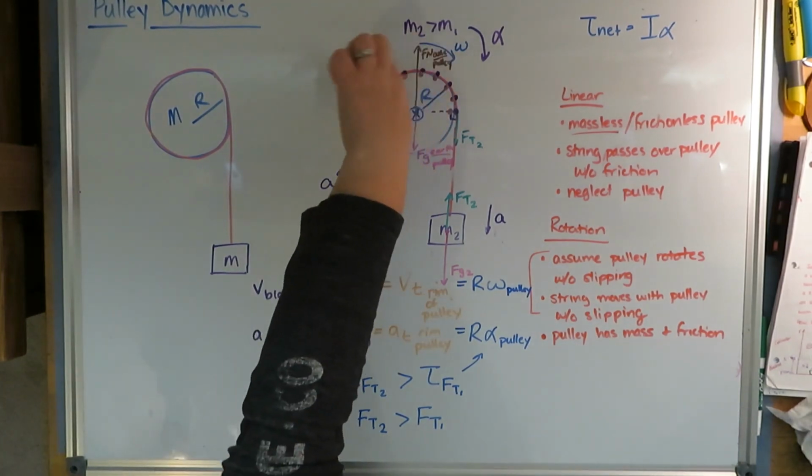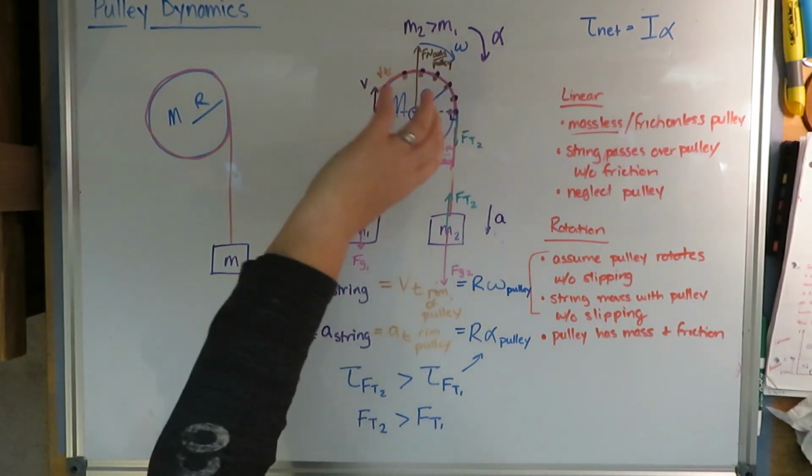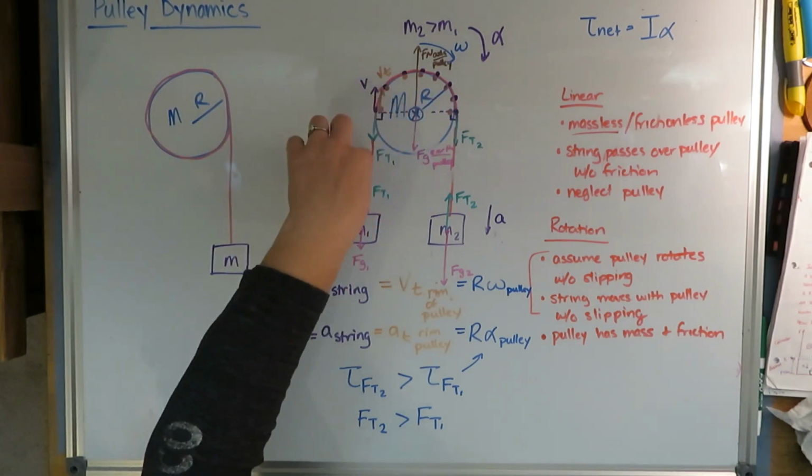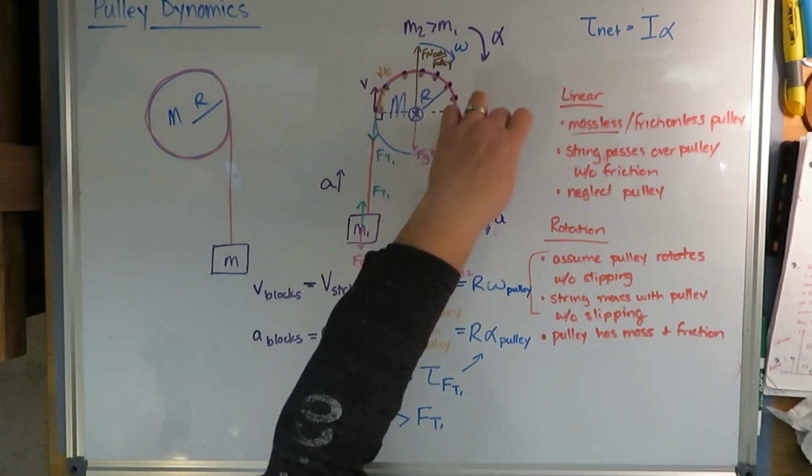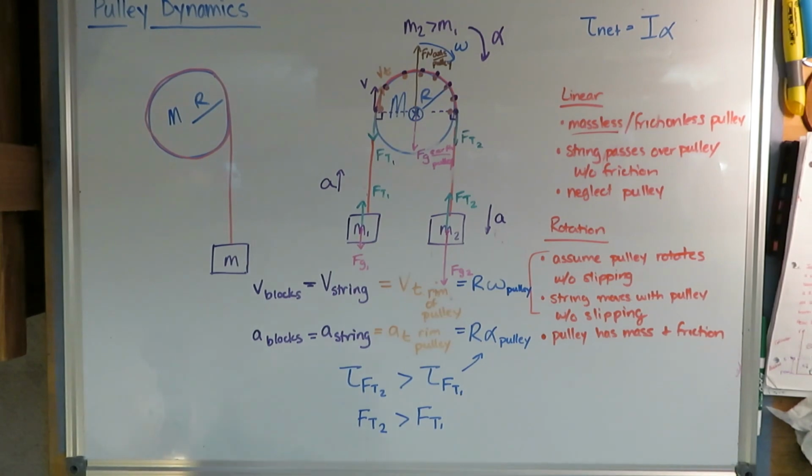So if you were to look at what's going on at that rim, the tension here plus the friction force would have to equal the tension over on this side. That's where the difference in forces is coming from. Now you're not going to have to worry about that. You're never going to have to do those types of calculations, not even in Physics C, just because it's complicated. The angles are all changing, lots of fun stuff.